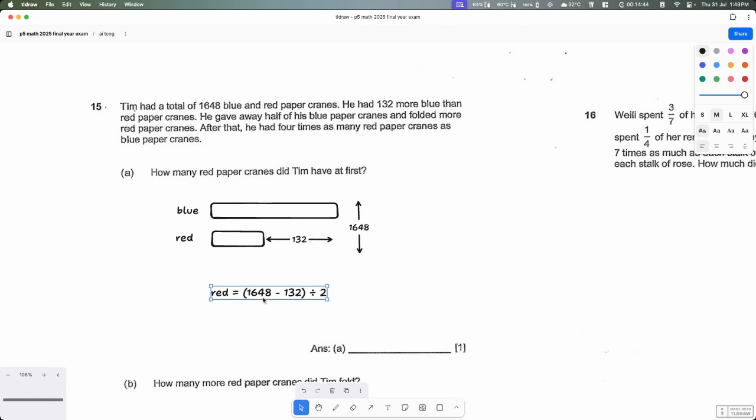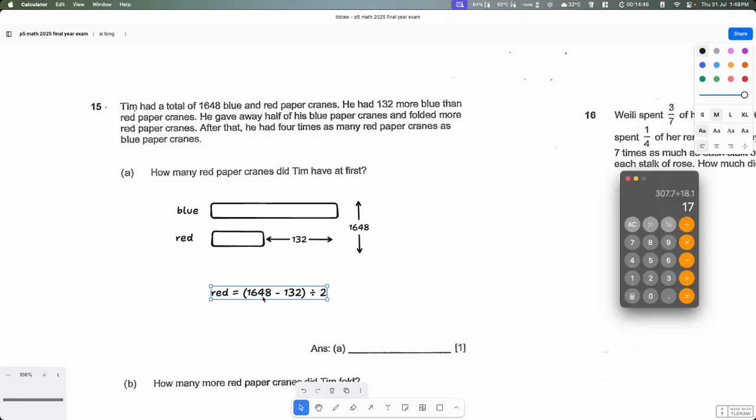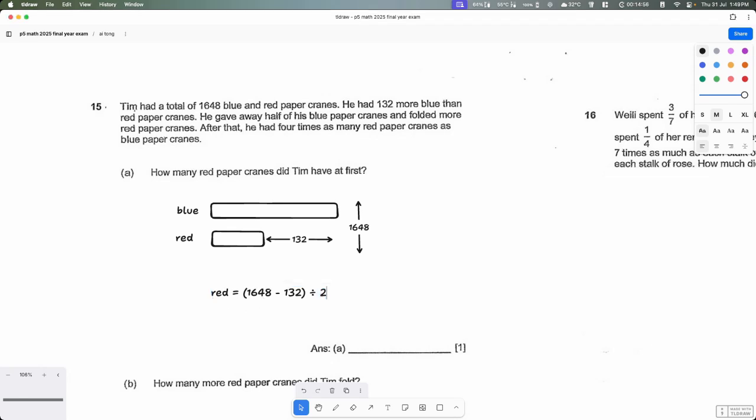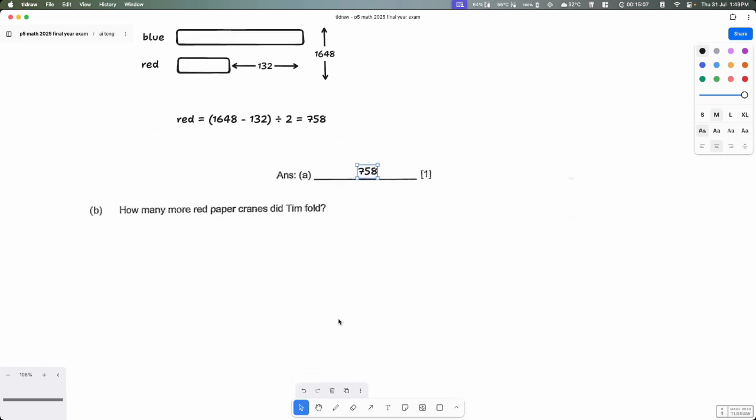So in this case, let's use our calculator. 1648 minus 132 is equal to 1516, divided by 2. This will give us 758. So that's the answer, 758. Okay, let's move on to the next question.